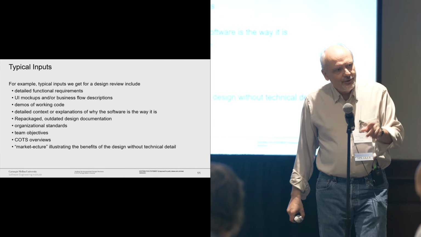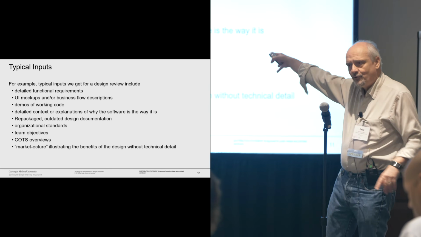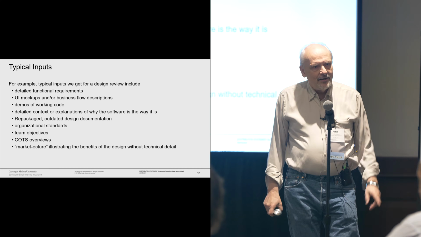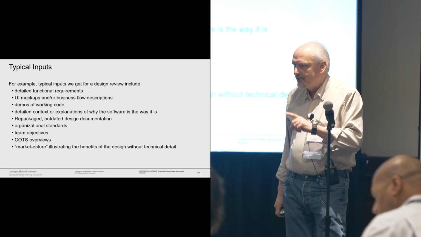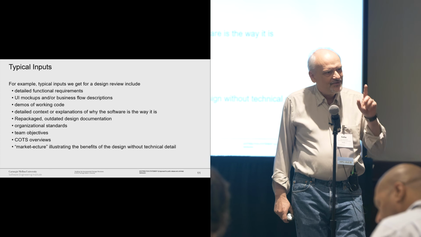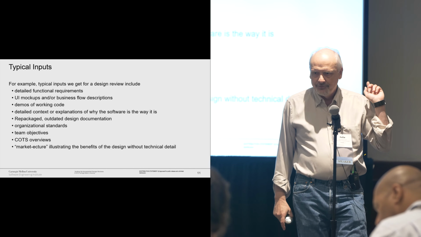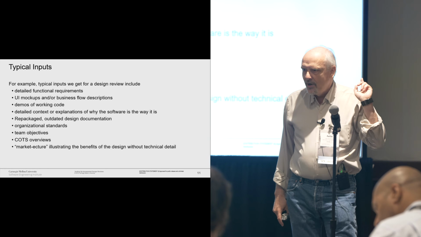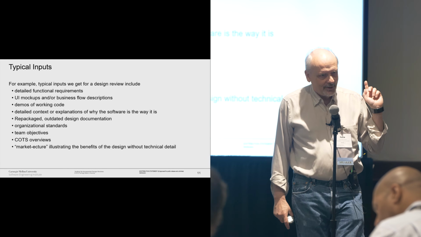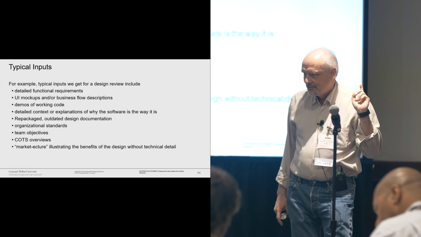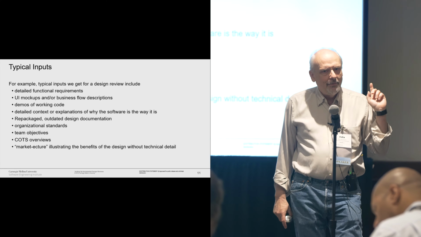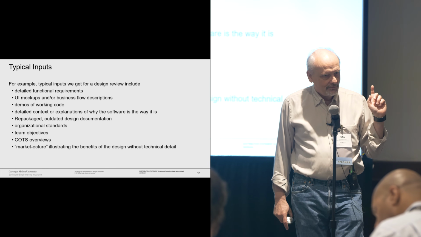Now, I can guarantee you, if you have any subset of these, then most of the information that you're actually looking for is somewhere in that documentation. Maybe not in the way that you would like it to be, to make your job easier. But it is probably there somewhere.